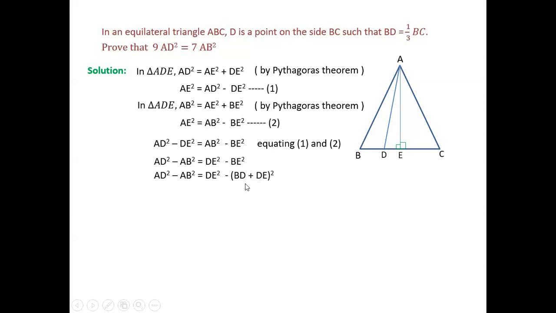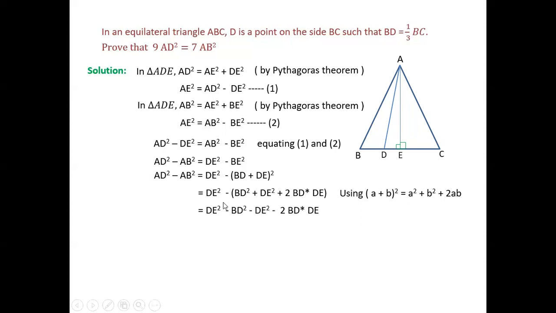Here we use the identity (A plus B) whole square is equal to A square plus B square plus 2AB. Since there is a minus sign, when we open the bracket each sign becomes negative.